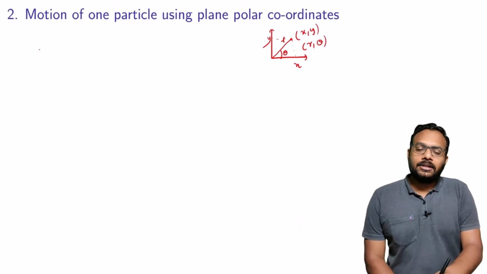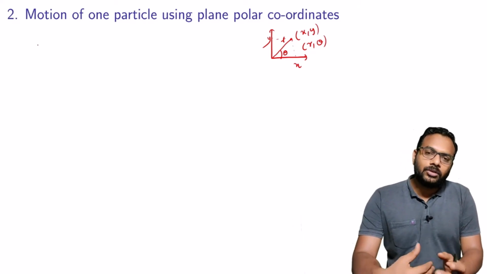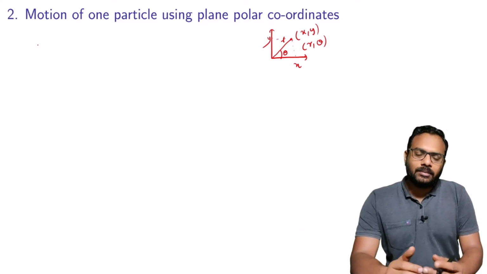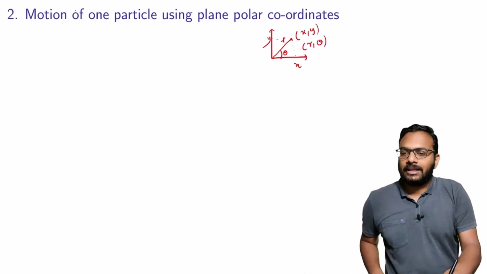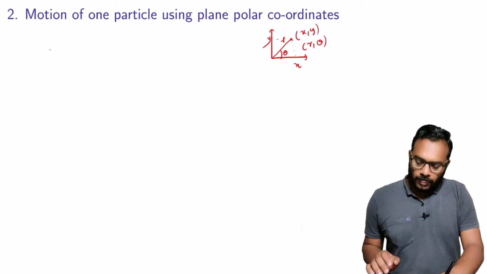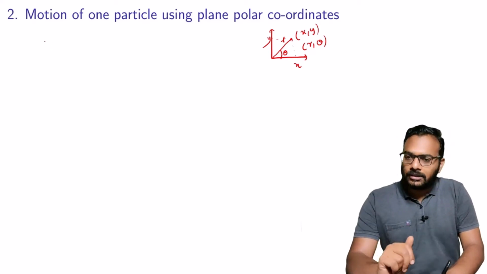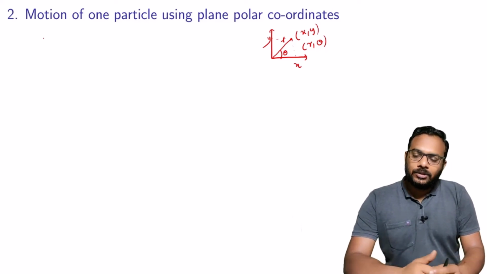We can use the idea that we get from here for many other problems, to solve problems in a quick way. When plane polar coordinates are involved in later problems, we'll see that there are certain shortcuts that we can take. But here we'll do it starting from the very first step. Later on we can use the shortcut.